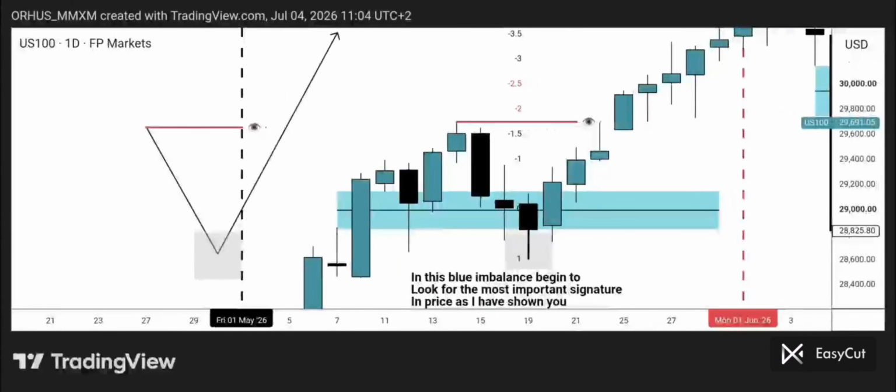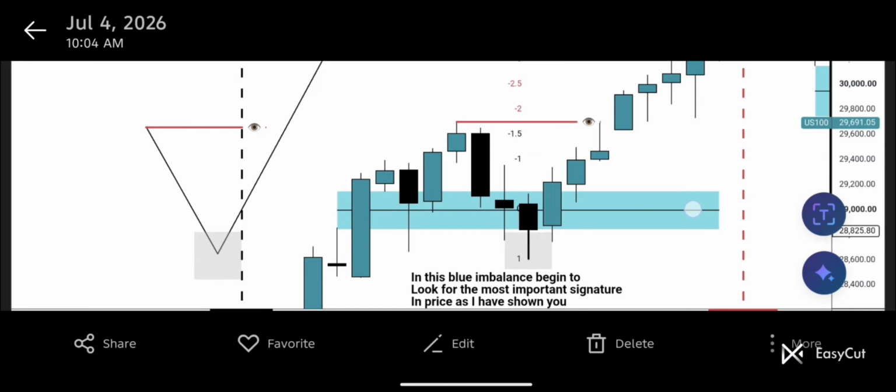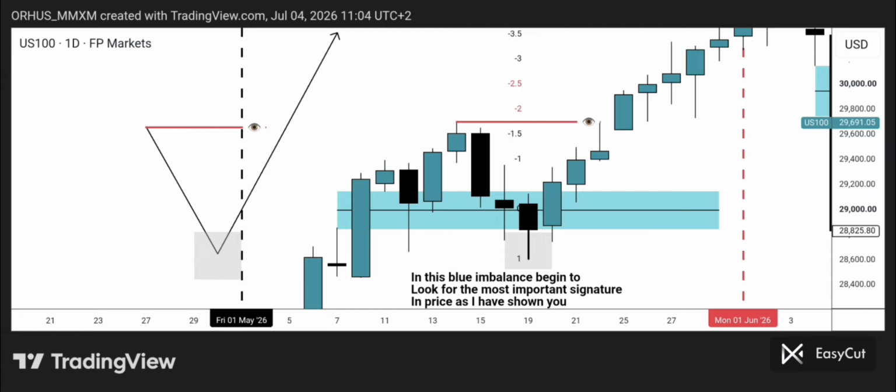What are MMXMs? Market maker models. On the chart here is the daily chart, the US 100, and if you look closely at the candles, you see I've highlighted this range in blue.